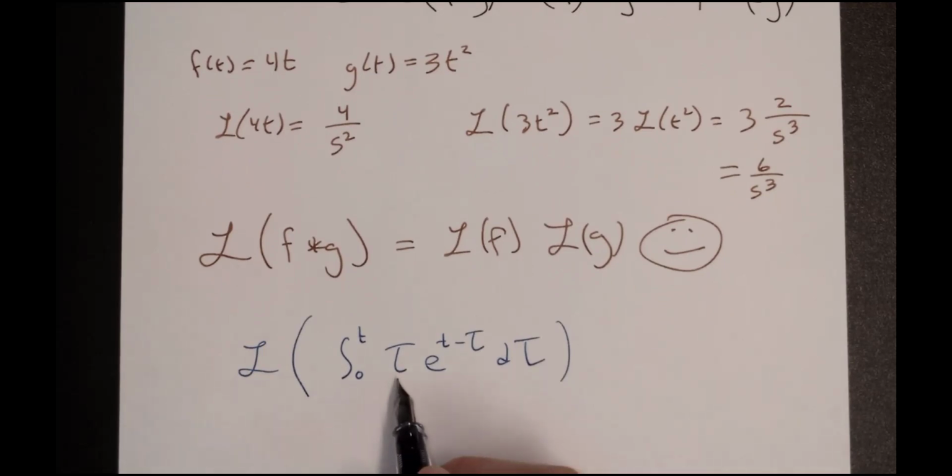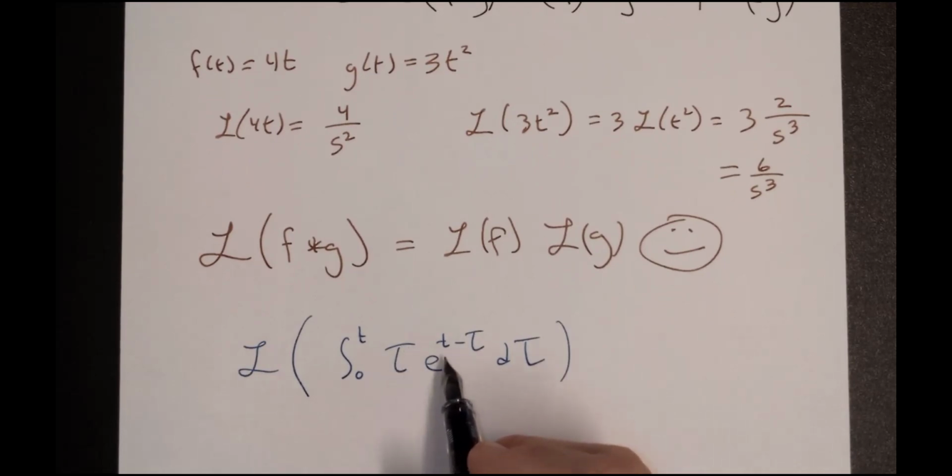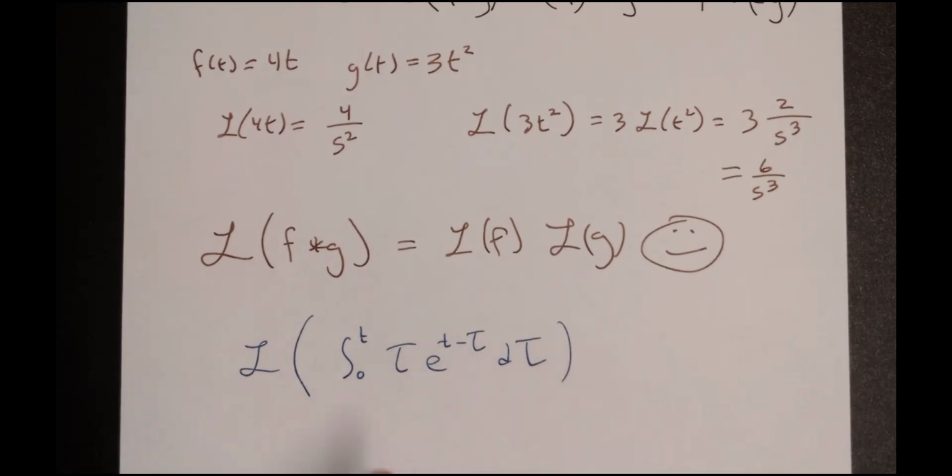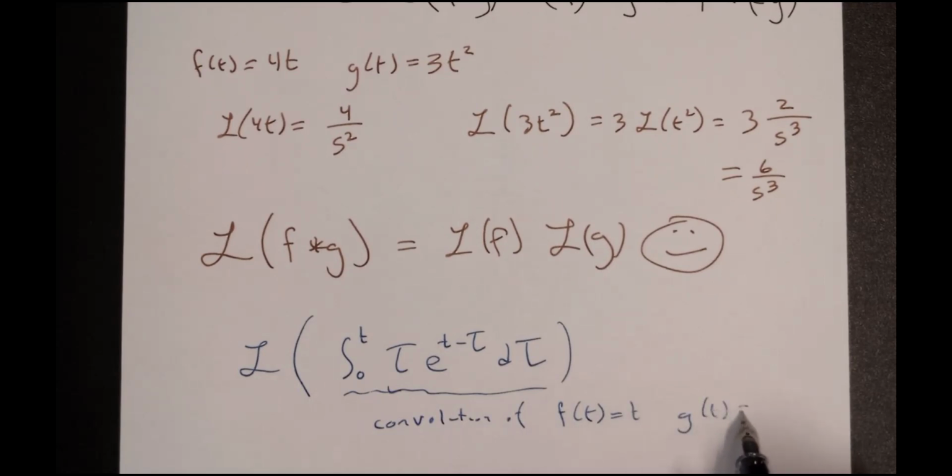F of z, e to the t minus z, this is the convolution. This thing is the convolution of f of t equals t and g of t equals e to the t.